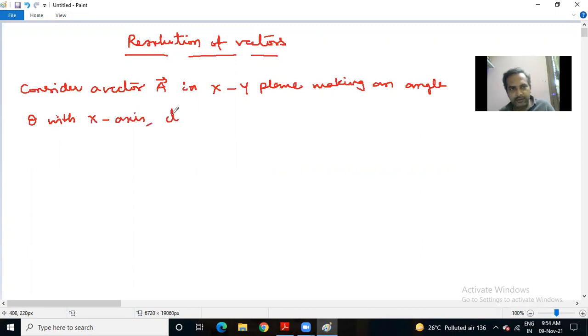Then the vector has two rectangular components. So instead of calling it that, it is the influence of the vector falling along the x-axis and falling along the y-axis. Try to understand it like this.